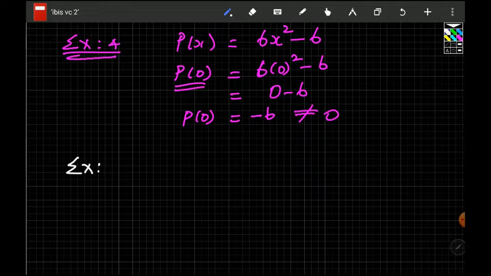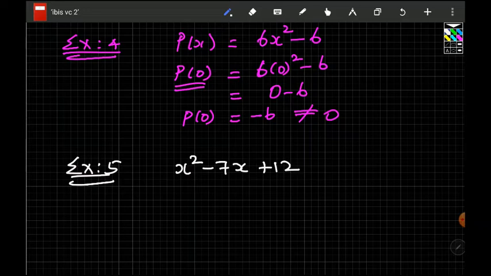Our example number 5. Let us take an example of x square minus 7x plus 12. This is our p of x. So what is the value p of 3? p of 3 is obtained by substituting x with 3.